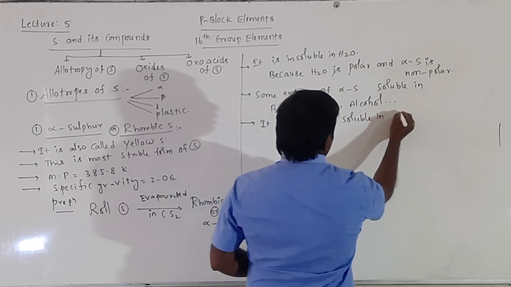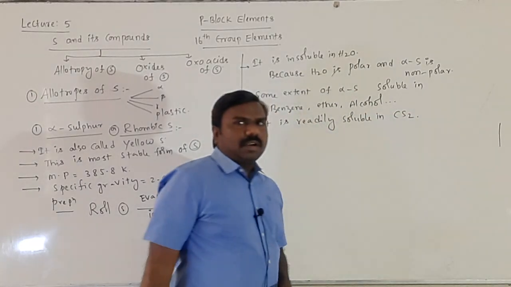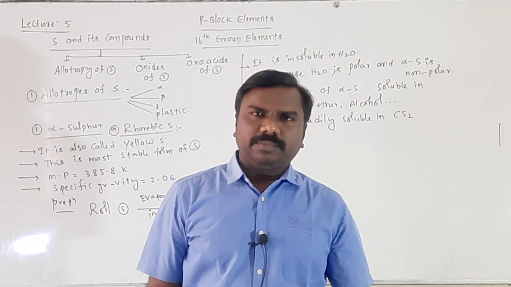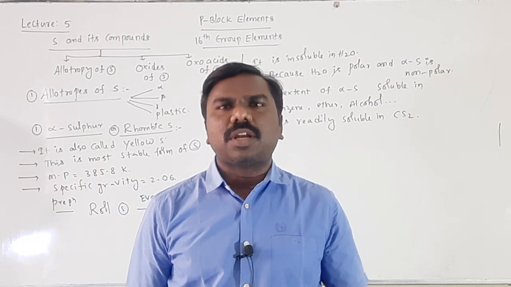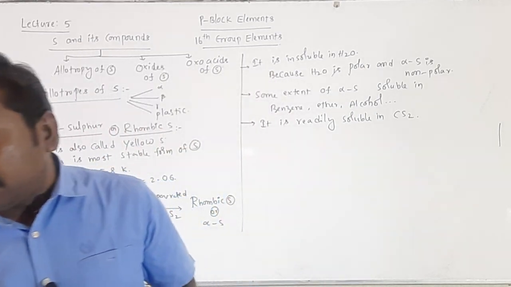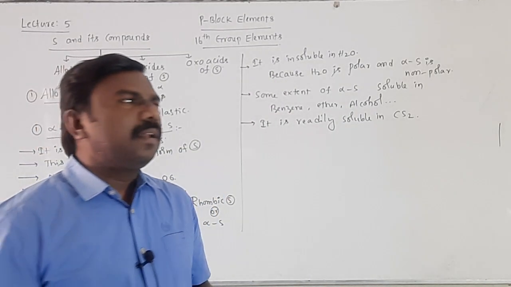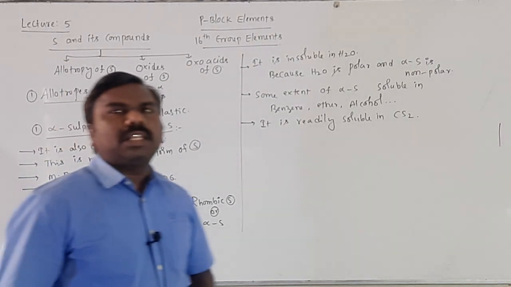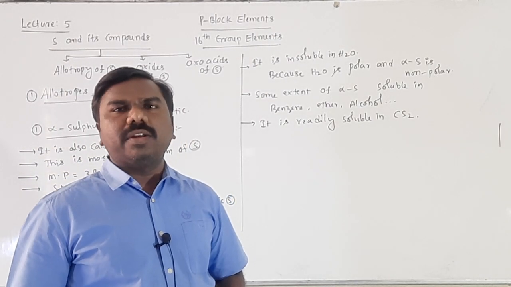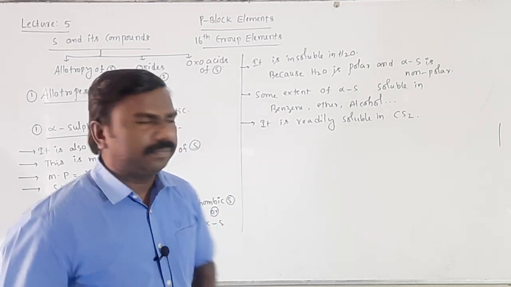but it is readily soluble in carbon disulfide. Carbon disulfide is non-polar, and sulfur is also non-polar. That is why it is soluble in carbon disulfide. This is the first form, that is alpha form, nothing but rhombic sulfur, also called yellow sulfur.